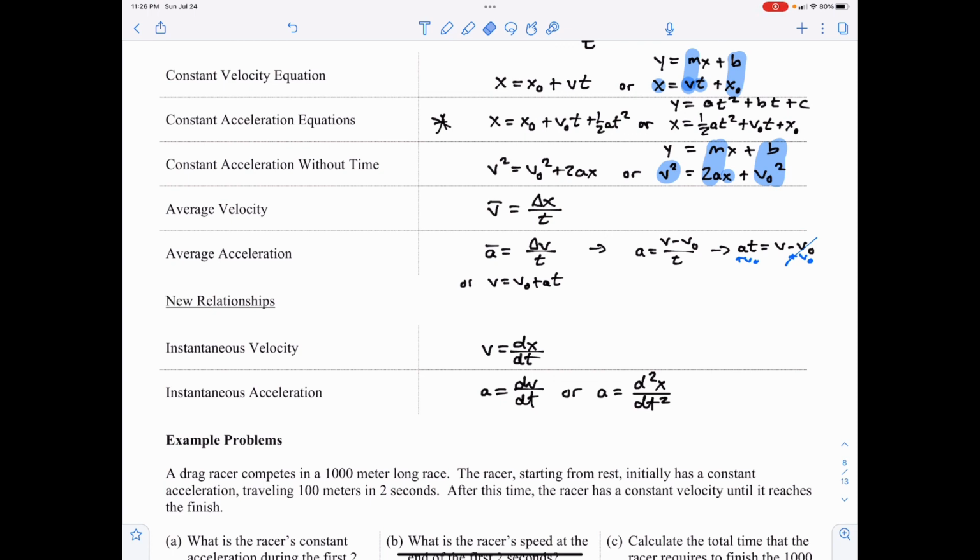At this point, we're going to move on to page 10, projectile motion, and we will be working on the example problems together in class.